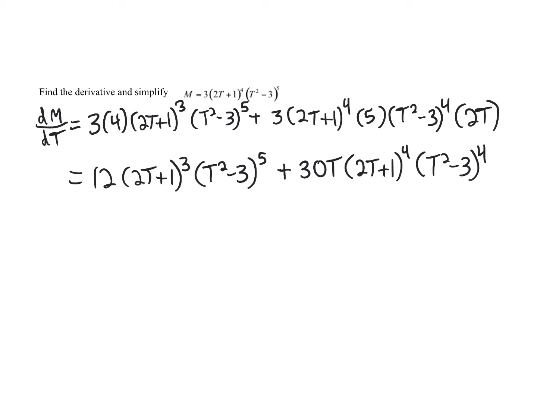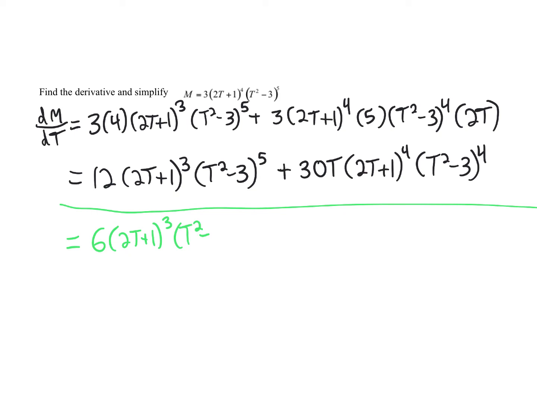Now yes, you can factor this and simplify this further, but I don't expect you to go this far, but if you wish to see it, we can take a 6, 2t plus 1 cubed, t squared minus 3 to the 4th out of both, leaving us with 2 t squared minus 3 plus 5t, 2t plus 1.